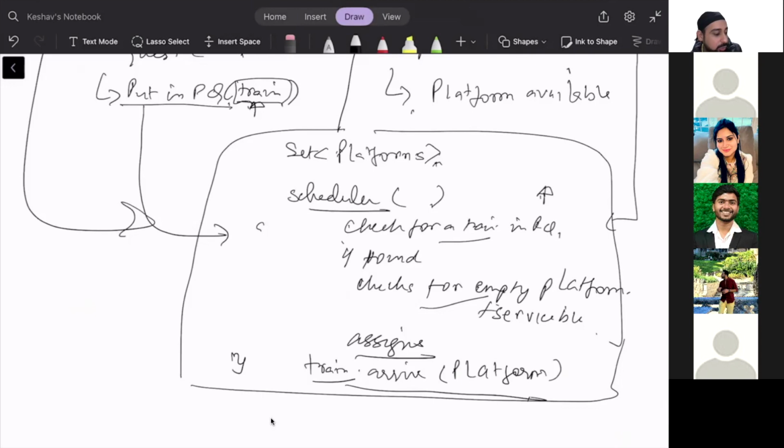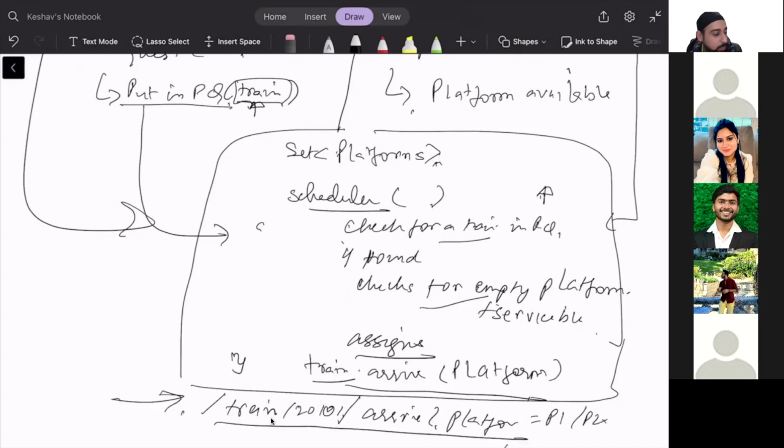So you can say, hit the endpoint of this particular train with this number, 2101 or something of that sort, and arrive with a platform number equal to P1, P2 or whatever. So this endpoint is a notification endpoint that goes to the train. That's one way, once you have figured out which train needs to be assigned which platform.